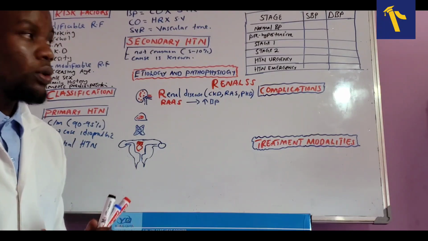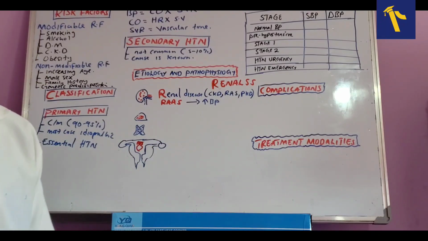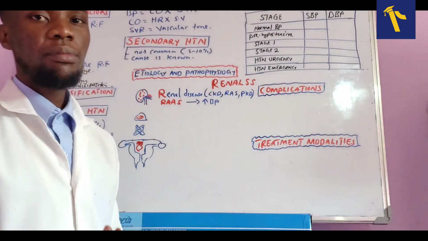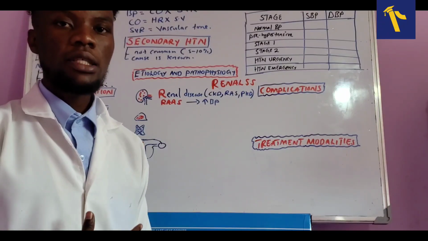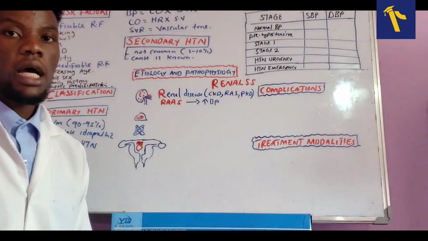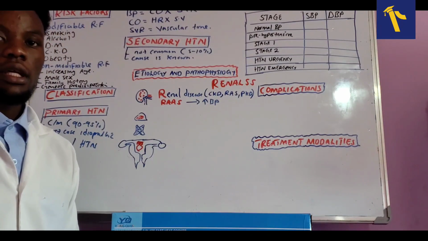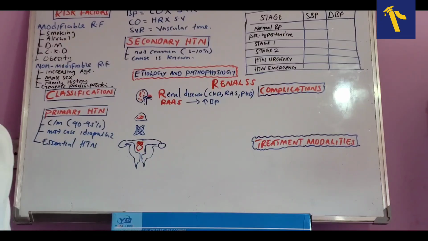Angiotensin 2 then helps elevate blood pressure by increasing the systemic vascular resistance, as well as by helping in the production of aldosterone, which elevates the blood pressure by promoting sodium and water reabsorption.